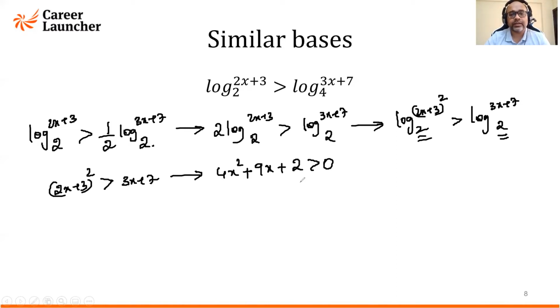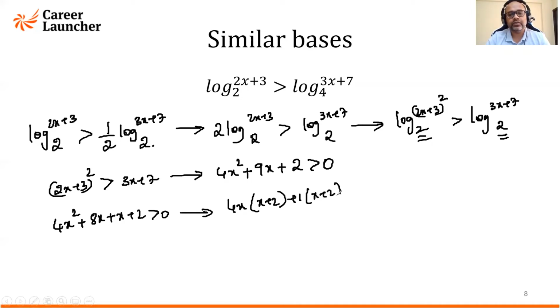So this is a quadratic inequality. I can factorize this as 4x square plus 8x plus x plus 2 greater than 0. Taking 4x common, 4x into x plus 2 plus 1 into x plus 2 greater than 0, which becomes 4x plus 1 into x plus 2 greater than 0.